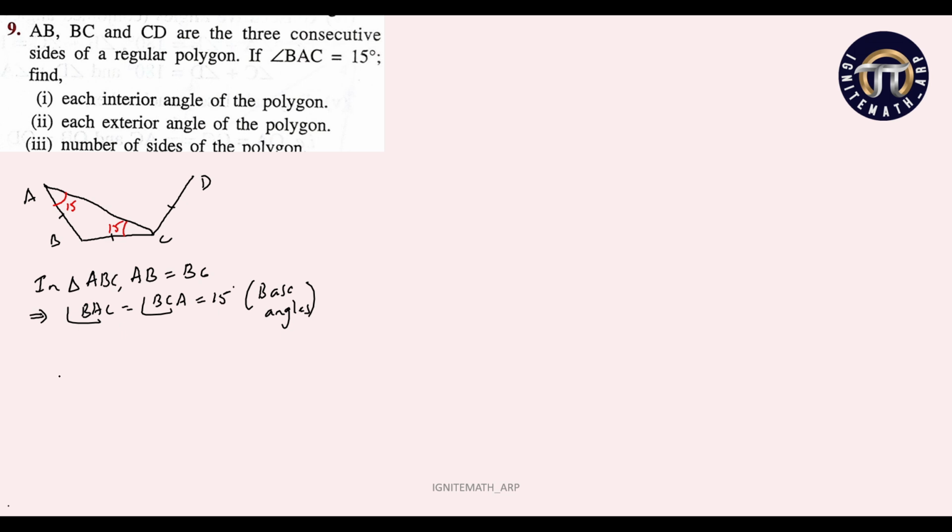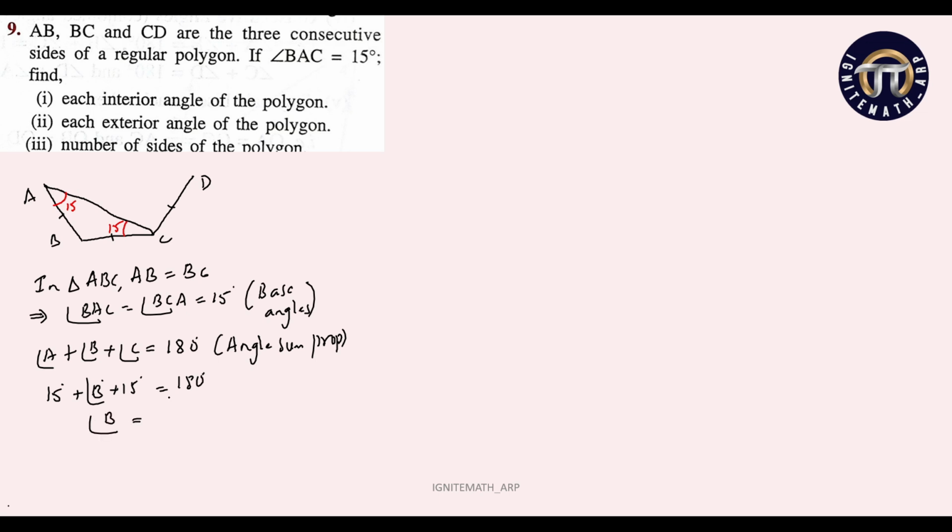Clear, children? Now I can apply the angle sum property. Angle A plus angle B plus angle C is equal to 180 degree. This is by angle sum property. So I can say 15 plus B plus 15 is equal to 180 degree.